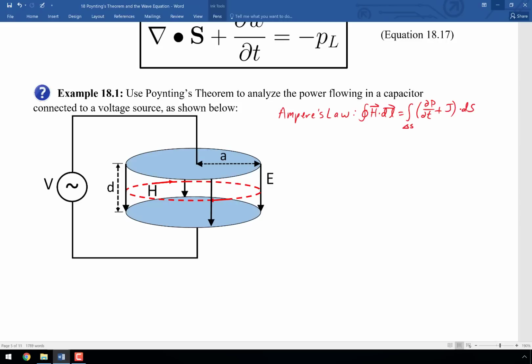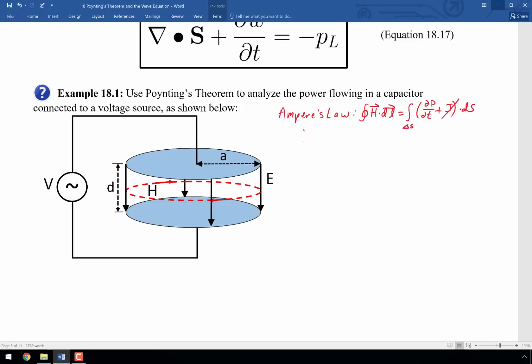Well, in this problem, there is no conduction current in between the plates of the capacitor because that's a vacuum. I guess you could say it's a dielectric, but in any case, it's an insulator, so there's no conduction current. So that's going to simplify our lives a little bit. I want to point out that the integral that we're doing here is around the perimeter, so it's the red dotted line. If you're watching this video, you can see that it's red.